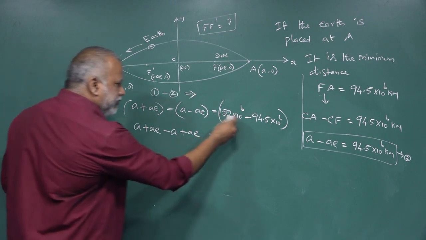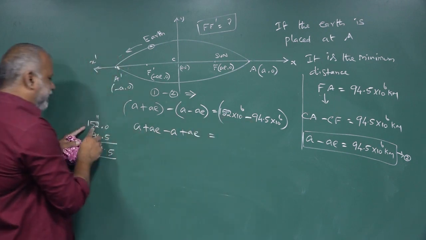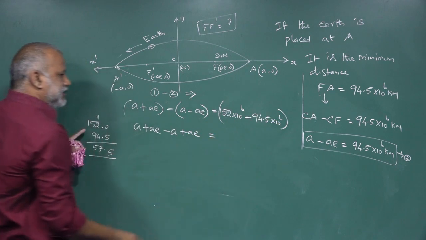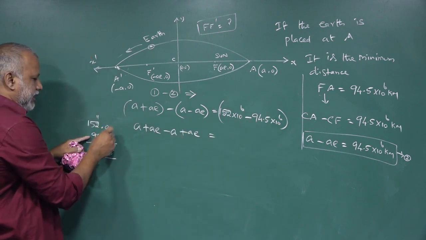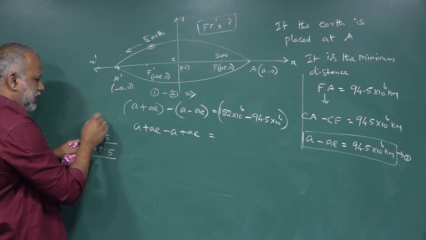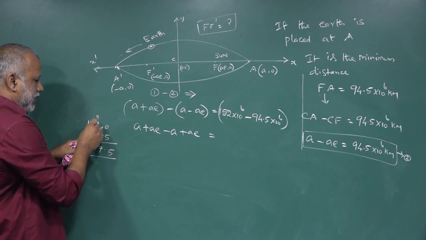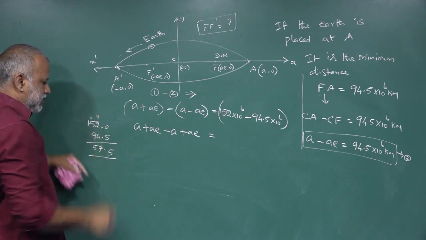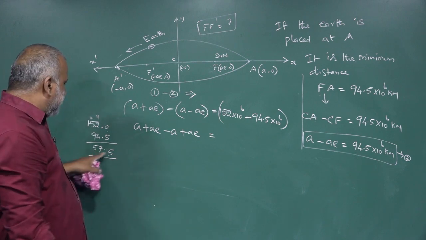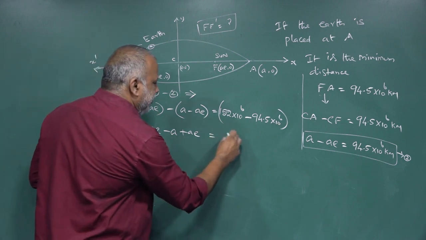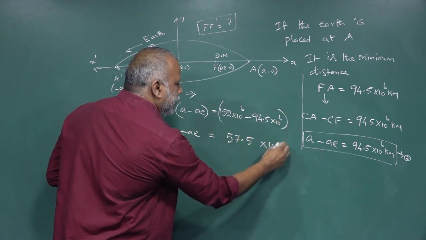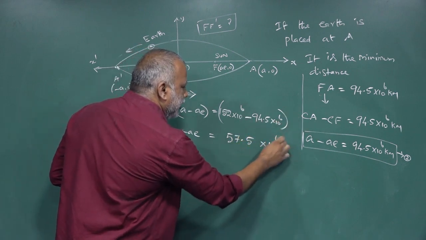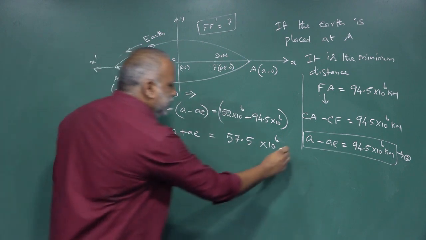See here, if we are subtracting this one, 152 is the maximum. Take out 10 power 6 common, and the remaining is 57.5. 10 power 6 is common, you can say 10 power 6 kilometer.